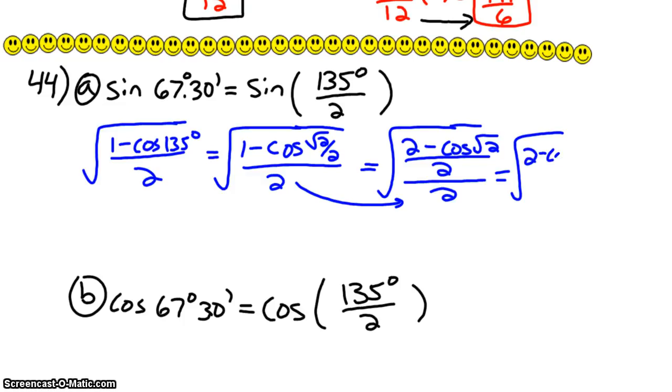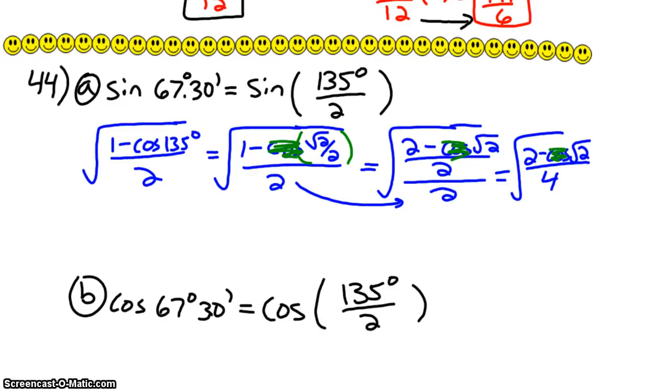Oh geez, I did what I say for you not to do, which is we don't have the cosine, we have a value here. Let me just get rid of that cosine. So I have 2 minus radical 2 all over 4.